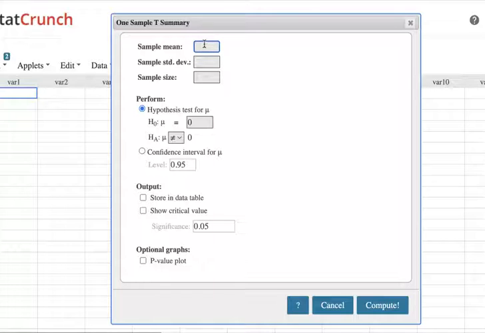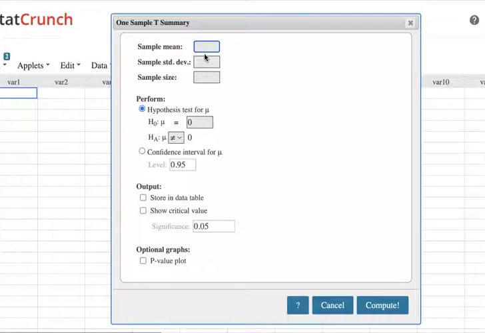When I switch back over to the paper, you'll be able to see what I wrote down. I'm writing down x bar equals 35.1, and s equals 8.7, and then n equals 40, and then CI 0.98.